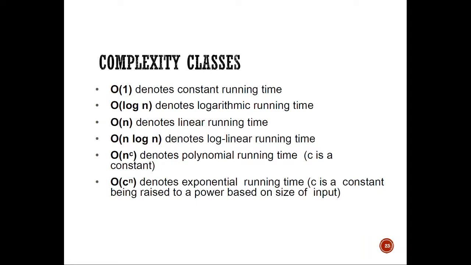As we mentioned earlier, these provide an overview of the different complexity classes: constant running time, logarithmic running time, linear running time, log linear running time, polynomial running time, where C here is a constant, and exponential running time.